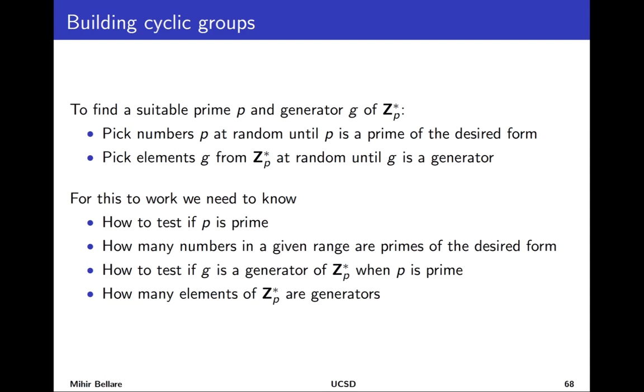And the exact analogous two questions for generators. How do you test if a number is a generator once you have a prime? And how many points in the group are actually generators? Once you put this together, you would have some way to create the prime and generator needed to start doing the crypto.